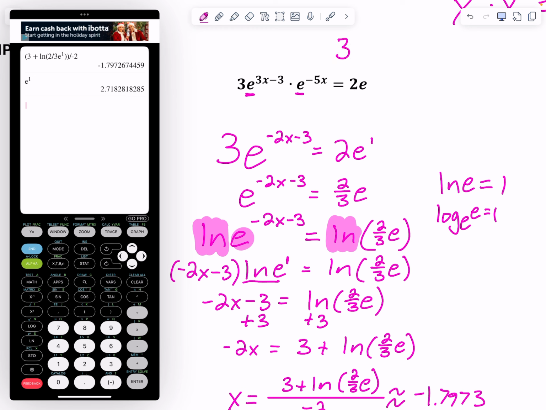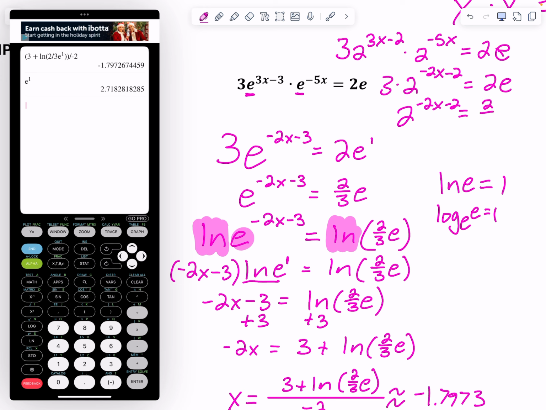If I had 2 to the 3x minus 2 times 2 to the negative 5x equals 2e, you'd approach it the same way. You'd add your exponents, you'd get 2e, and then you would do 2/3 e, just like we did. And then at that point, you would take a log base 10 of both sides instead of ln. And then this looks like the problem we did. The very first problem, they're identical, but different. The exponent's worse than the first problem, but the method is the same.